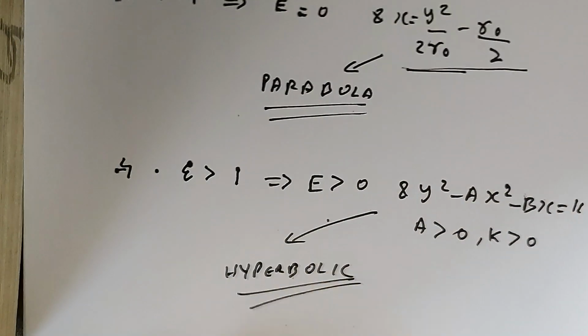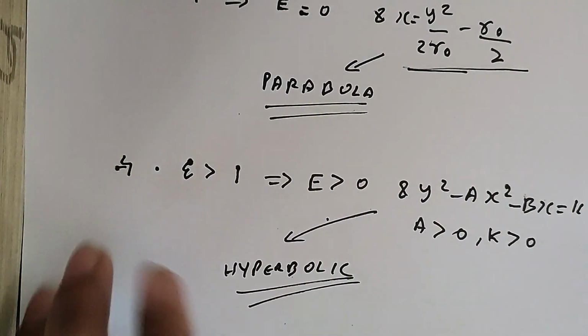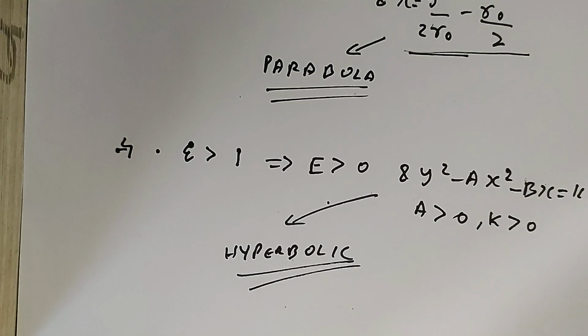So when energy is greater than 0 and epsilon is greater than 1, we get hyperbolic orbits.